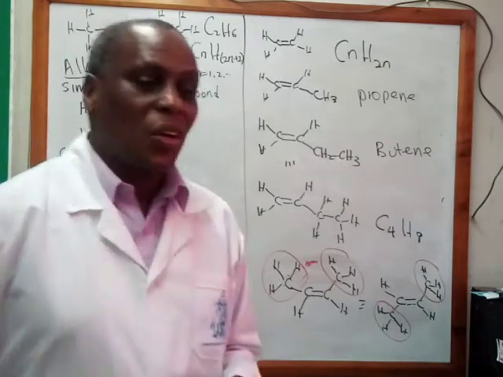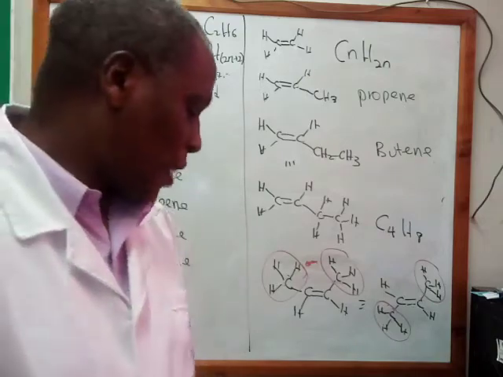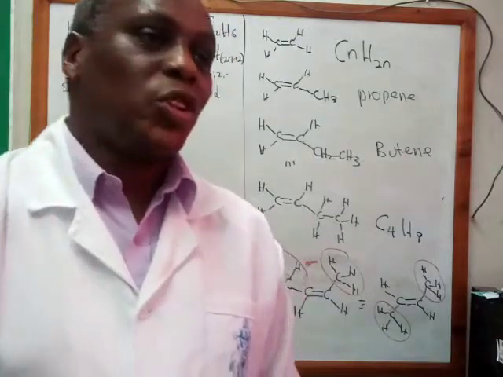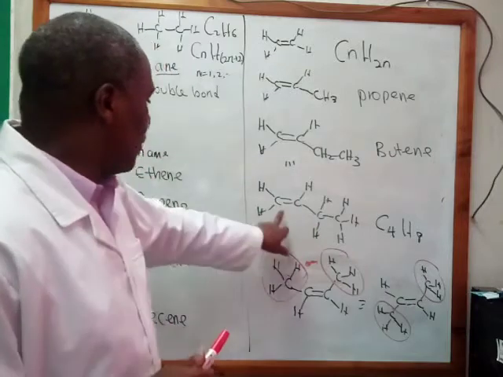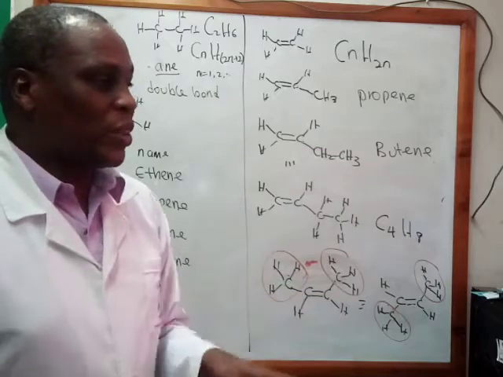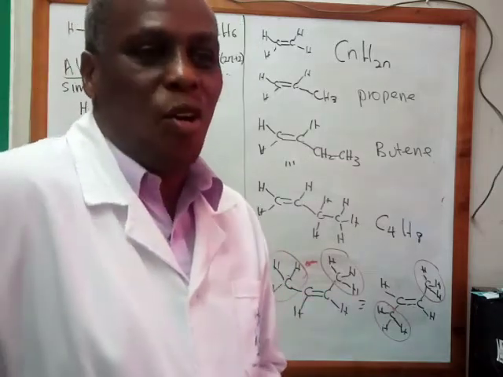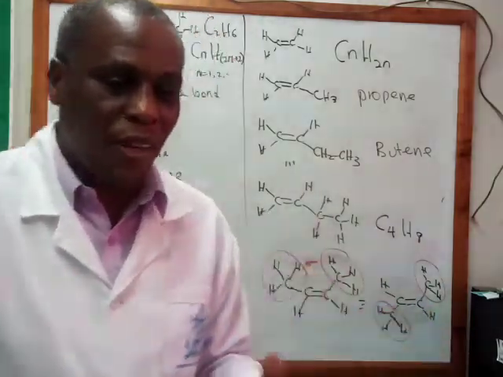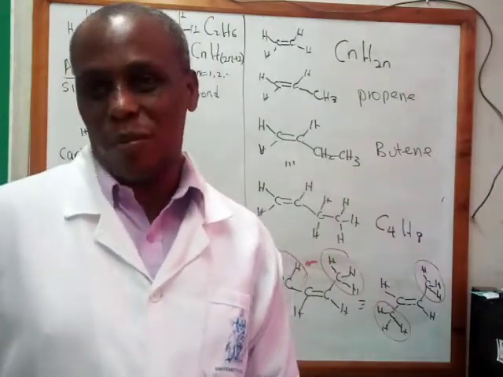So the thing is, when we come to the name of the alkene, you're going to see that after 3 carbon atoms, when you're dealing with 4 carbon atoms, you need to indicate the position of the double bond. For example, we number alkenes starting from the carbon of the chain nearest to the double bond.